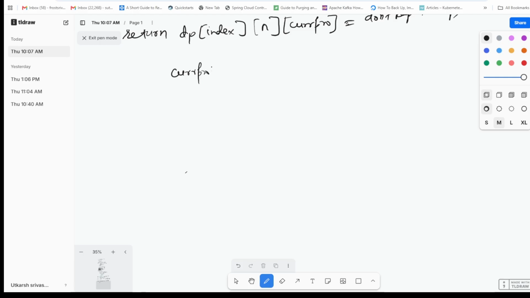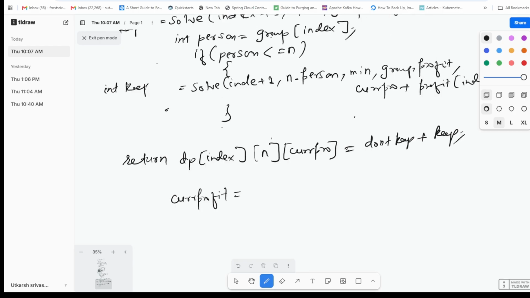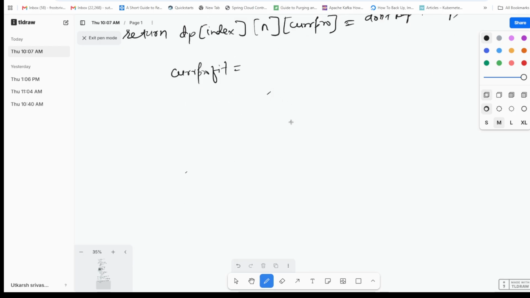We are calculating the total profit every time, adding the current profit plus the profit of index. So is it necessary to track this current profit every time, right?